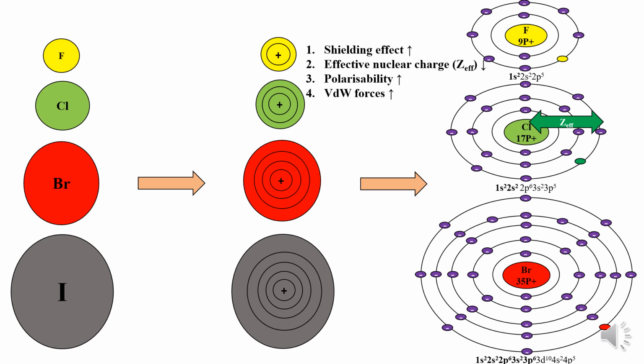That is in terms of electrostatic force of attraction. So with the increase in the shielding effect and the decrease in the effective nuclear charge, the attraction on the outermost valence electrons, or the bonding pair of electrons in case of halogen molecules, diminishes with increase in size of the halogen atom.